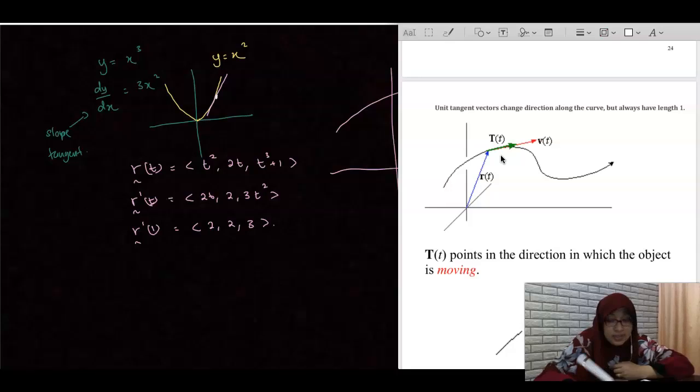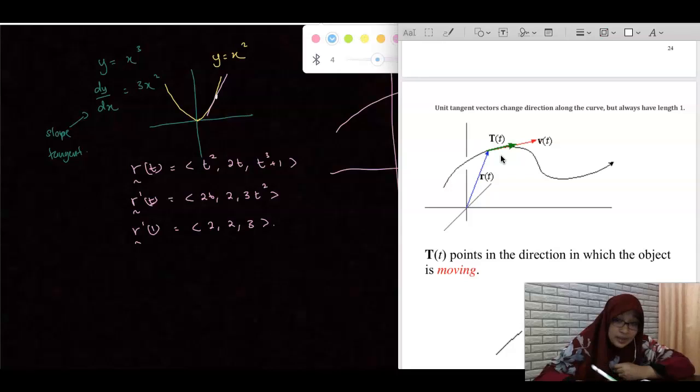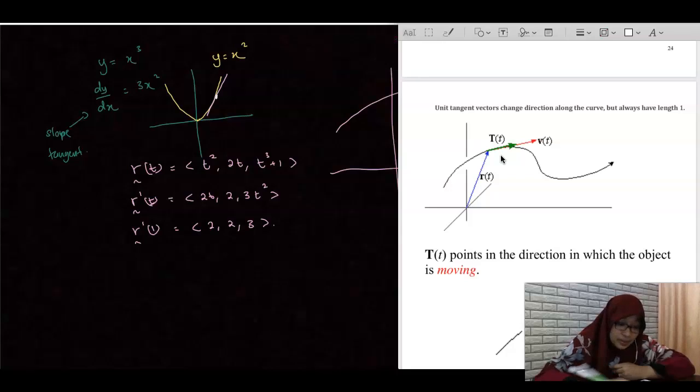You want to compute the slope at that point. So dy over dx is the slope, right?